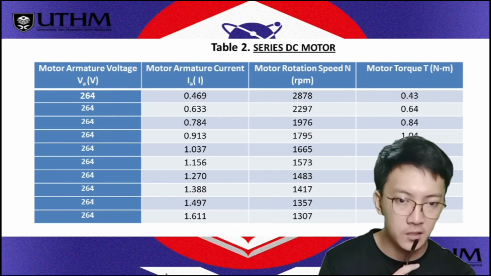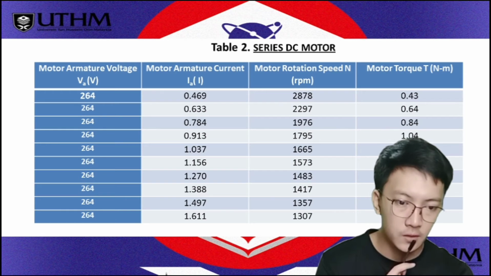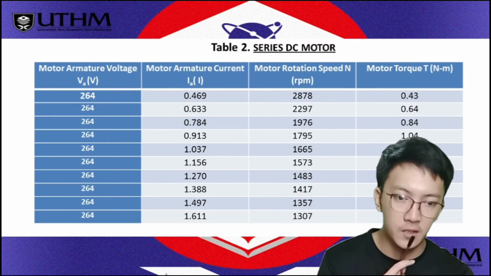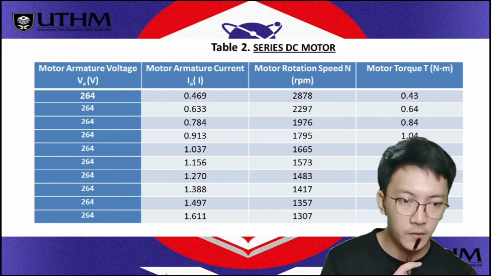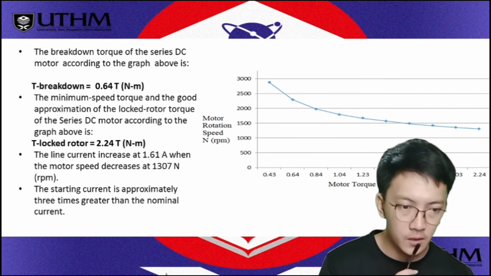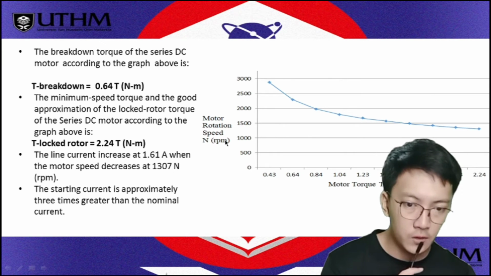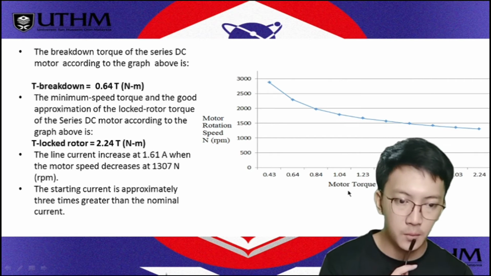Next, data analysis of table 2, series DC motor. So this is the table that has been given to us to analyze, and this is the result. This is the graph that we made, the motor rotation speed versus motor torque.